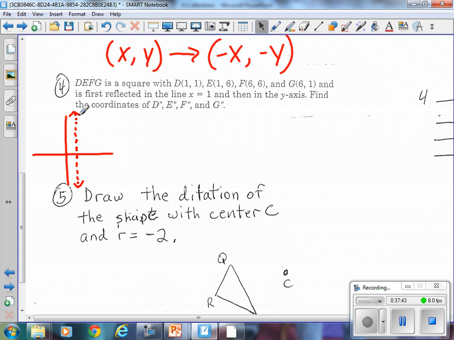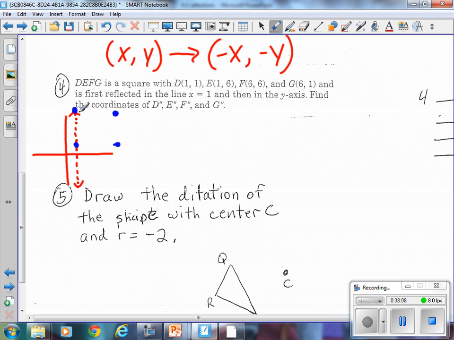But all you do is you draw in your square, so you go to 1, 1, out 1, up 1, 1, 6, out 1, up 6, and 6, 6, so out 6, up 6. This is something sort of close, it isn't exactly.